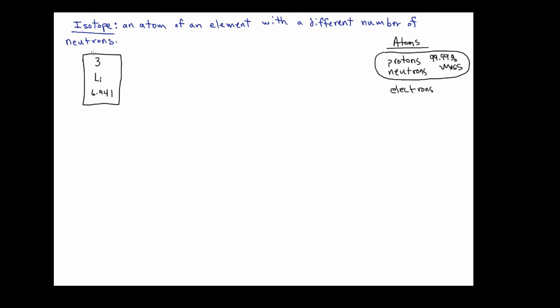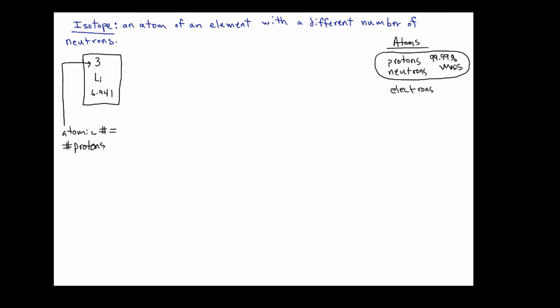If we extract its box out of the periodic table, you'll notice that there are two numbers above and below the symbol. The number above the atomic symbol is called the atomic number. Hopefully you remember that the atomic number gives you the number of protons.